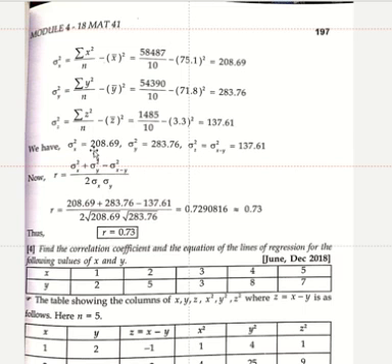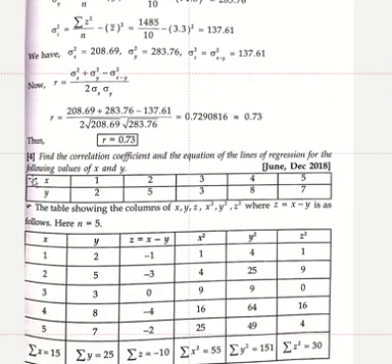Take the square root of this one. Therefore, square root of 208.69. How to get sigma y? Here, this is the sigma y whole square. Take the square root. Therefore, square root of 283.76. After simplification, we get 0.7290816, which is nearly equal to 0.73. This is the correlation coefficient. This is for homework. You can solve this problem.